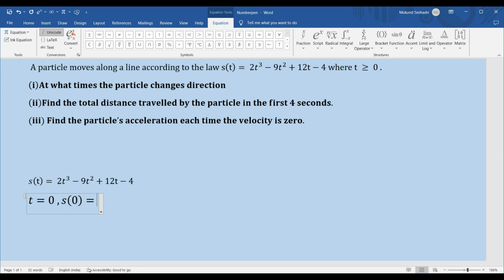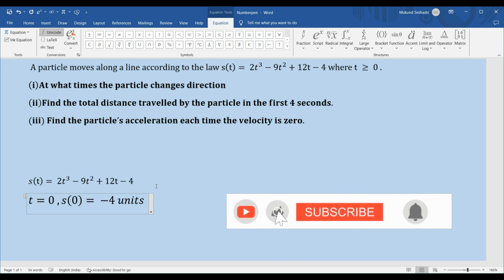So what I will end up with is minus 4. Let's call it units. We've not been given whether it's feet or meters or whatever it is, so we will just call it units.